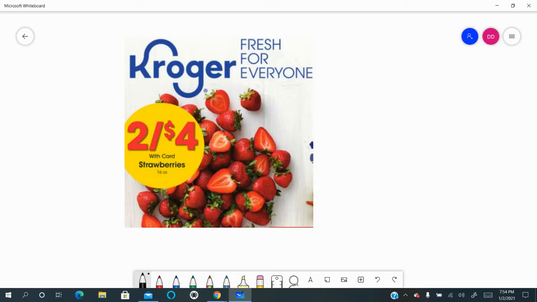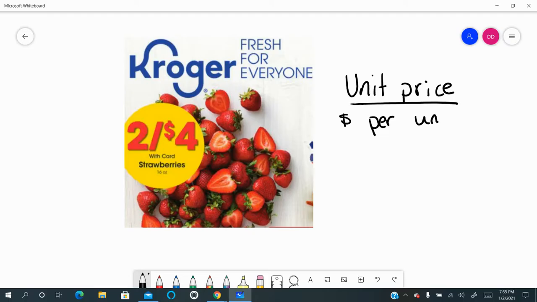When you calculate unit price, there's two ways you can calculate. You can either do a price per unit, or you can do units per dollar, which is not something we usually calculate. We usually do dollars per unit. It makes more sense.